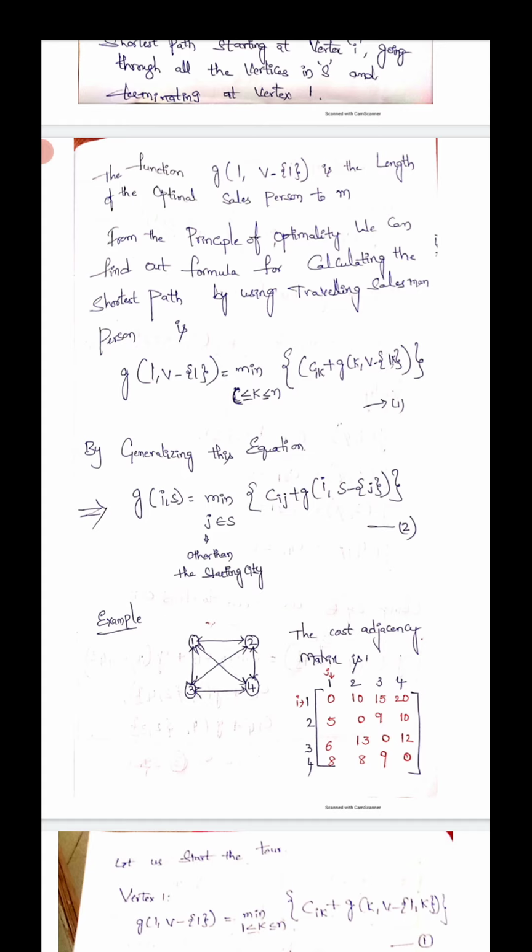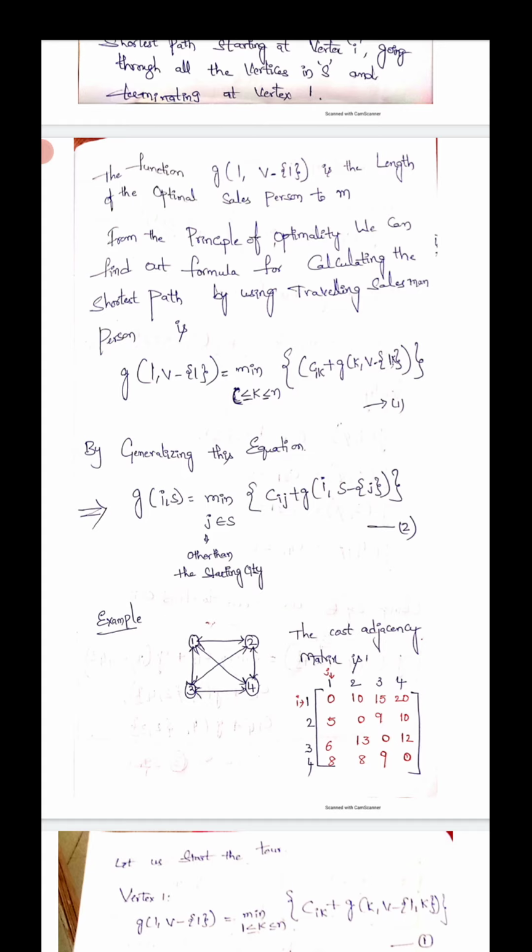From the principle of optimality concept, what is the principle of optimality? Given the current state, the optimal decisions for each of the remaining states do not depend on the previous states or decisions. Listen carefully: the principle of optimality allows us to solve the problem stage by stage, recursively.